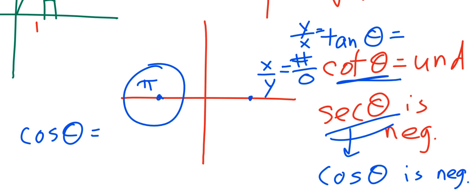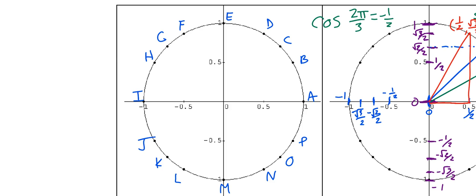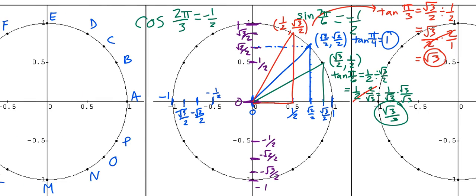Yeah, folks, we're struggling because we can't draw a triangle. We can't draw a triangle because we're sitting right on the axis. So we will have to revert back to our unit circle. You got a lot of places over here.